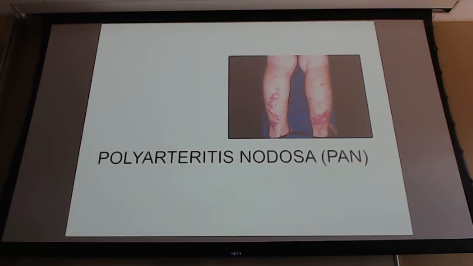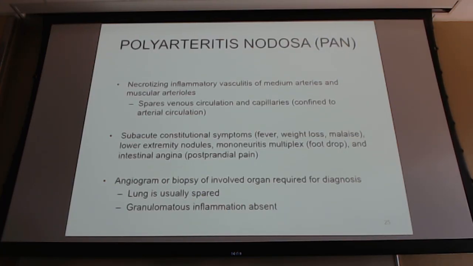Well, it looks similar to those same things, but this is more of a medium vessel. So with PAN, that necrotizing inflammatory vasculitis of medium arteries and muscular arterioles spares venous circulation and capillaries, so it's confined to that arterial circulation.